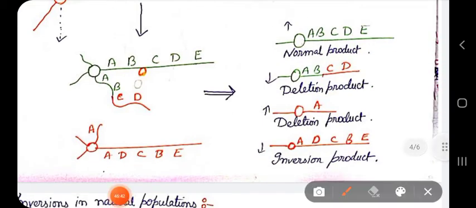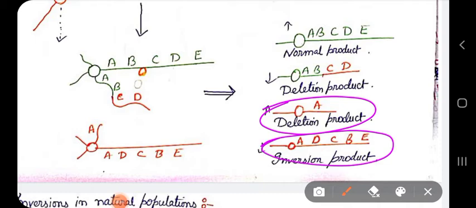So eventually, when crossing over occurs in a heterozygous paracentric inversion, you will see an acentric fragment that is eventually lost.